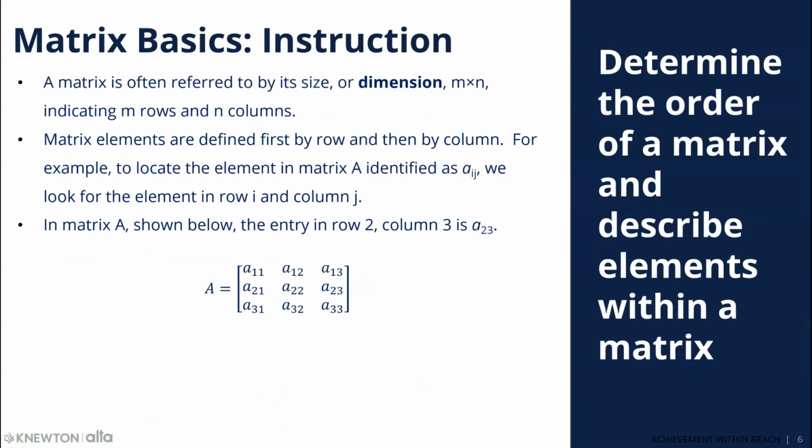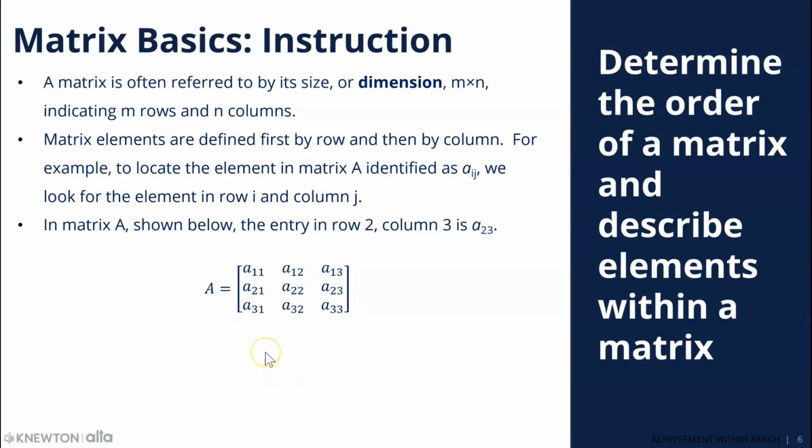Now, moreover, a matrix is often referred to by its size or dimension. So when we say the size of a matrix, we mention first the number of rows. So we count the number of rows. For instance, in this case, we have 1, 2, 3, 3 rows.